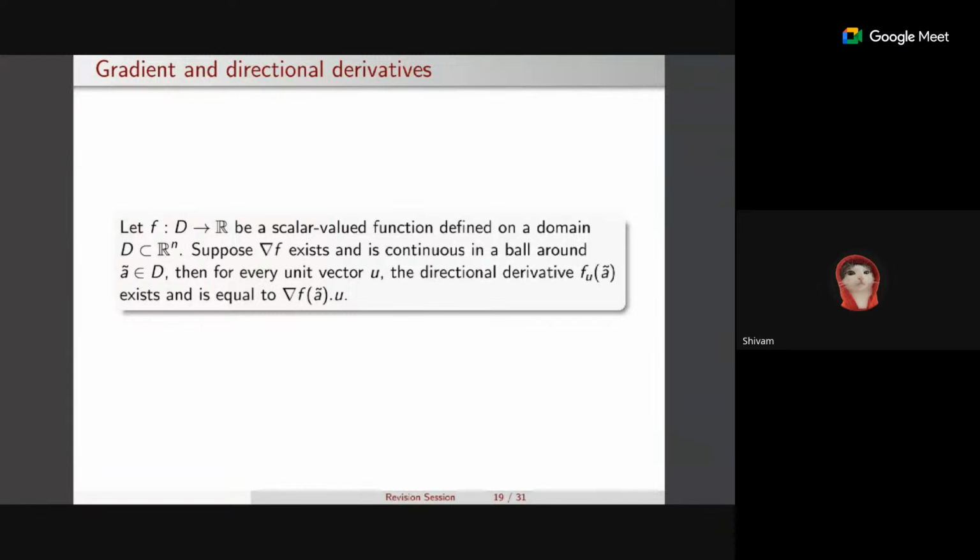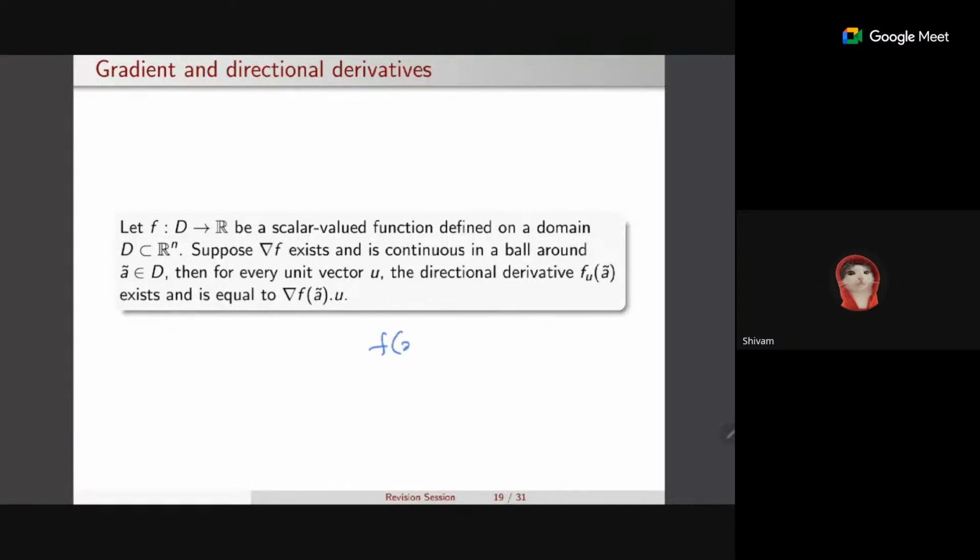But for functions for which the gradient exists and is continuous, the directional derivative exists and is equal to the dot product of the gradient with the direction vector. The direction vector, as usual, is a unit vector.